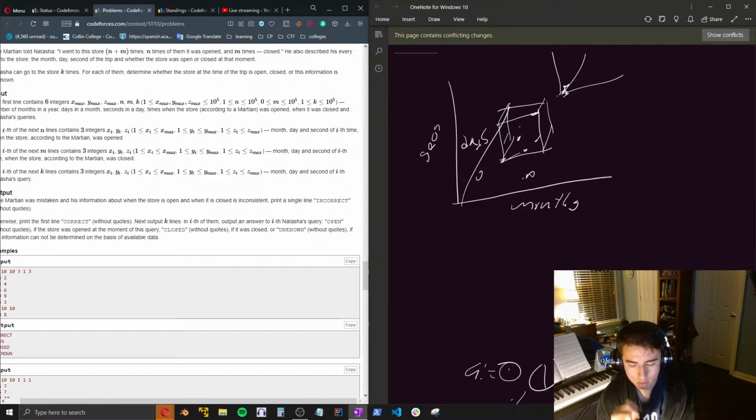That means we only know that if a point is greater than in all three of these dimensions, we'd know it's true, right? It's closed for sure. But otherwise, we don't know which of these dimensions it was not good in.